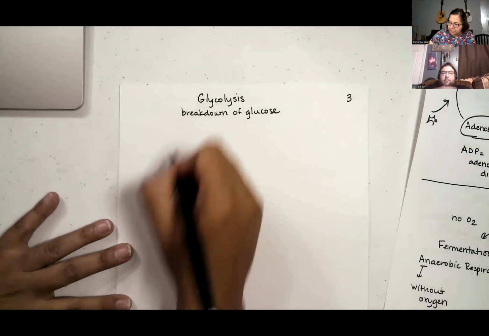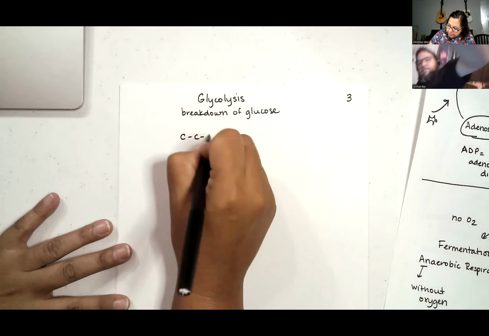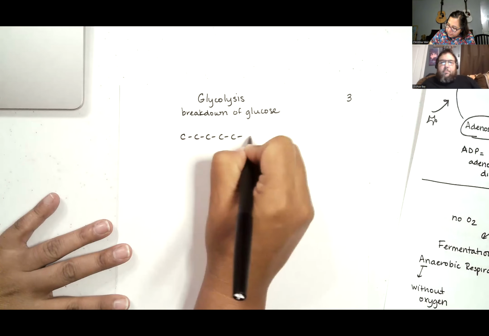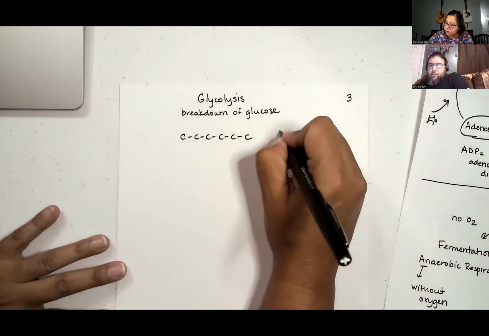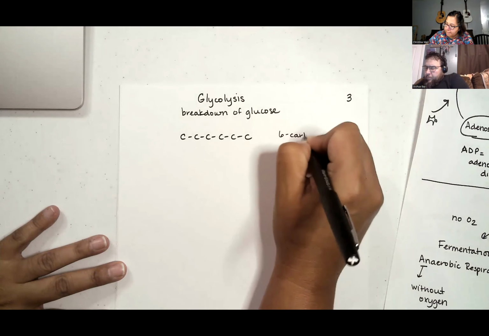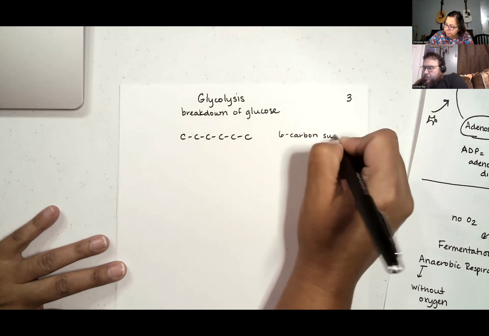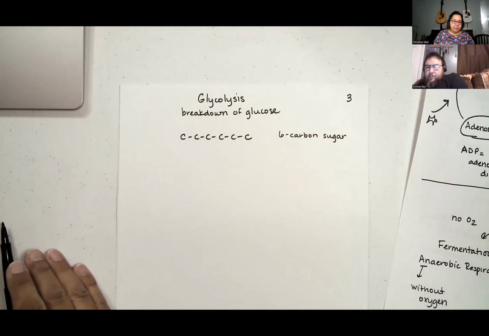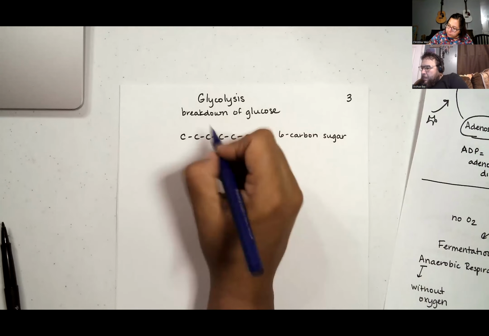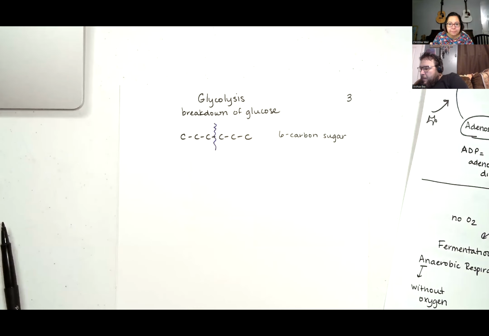If you can imagine a glucose molecule, it's actually made of 6 carbons all linked together. So it's a 6-carbon sugar. When we split it apart, we actually split it right here in half.